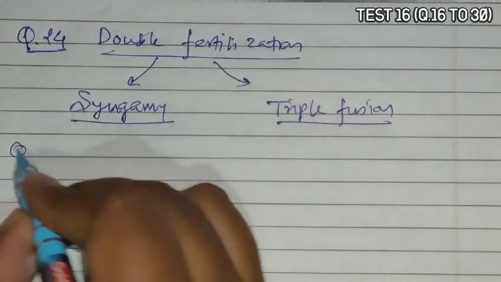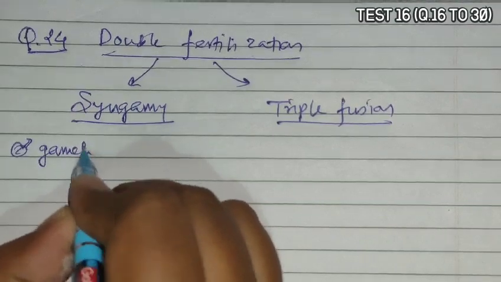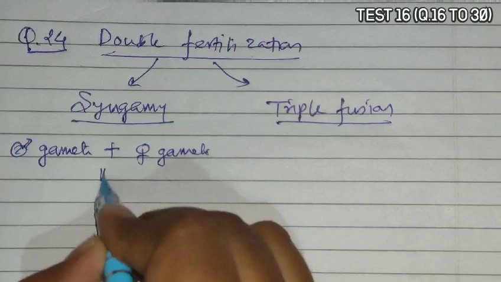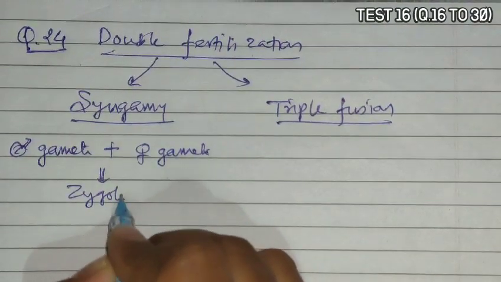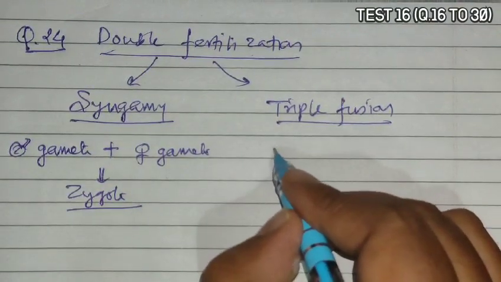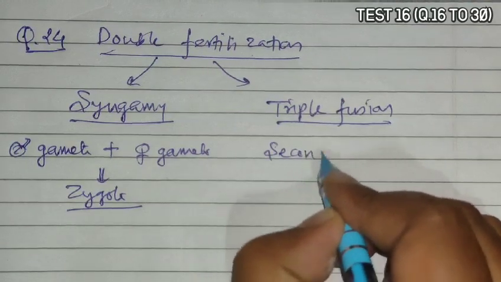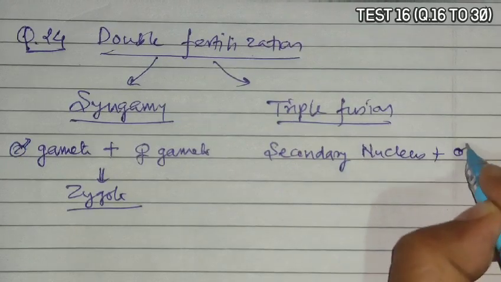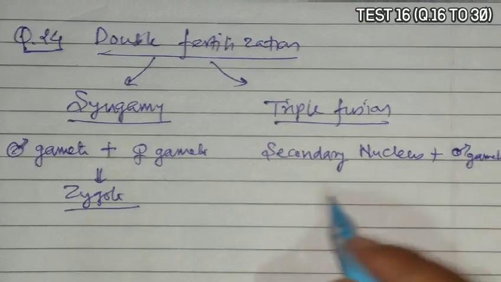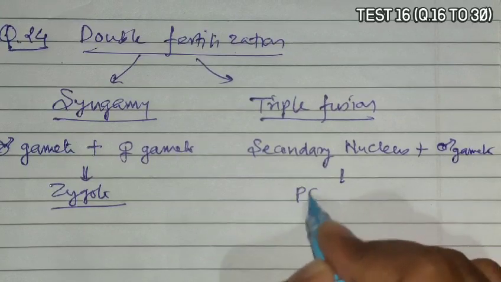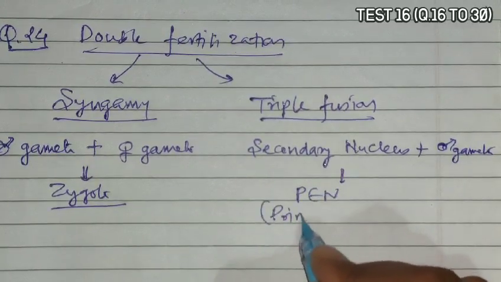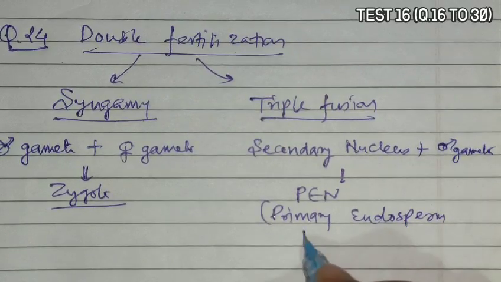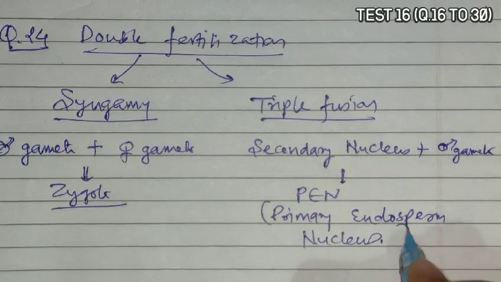In syngamy, a male gamete fuses with the female gamete and forms the zygote, whereas in triple fusion, the secondary nucleus fuses with another male gamete and forms the PEN, that is the primary endosperm nucleus.